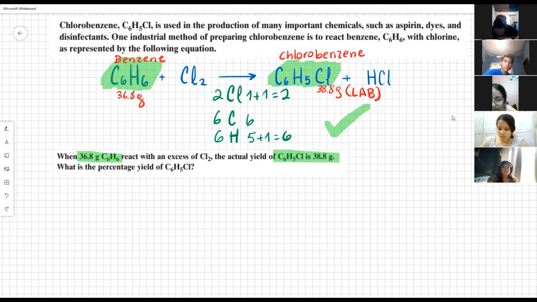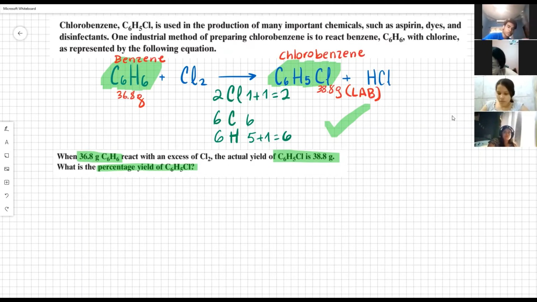Remember, in the lab is the actual yield. So they are asking me to find the percentage yield of chlorobenzene. So I always need to relate the data given with the data unknown. Okay, so it's asking me the percentage yield of chlorobenzene. Basically, this is what I need to find.